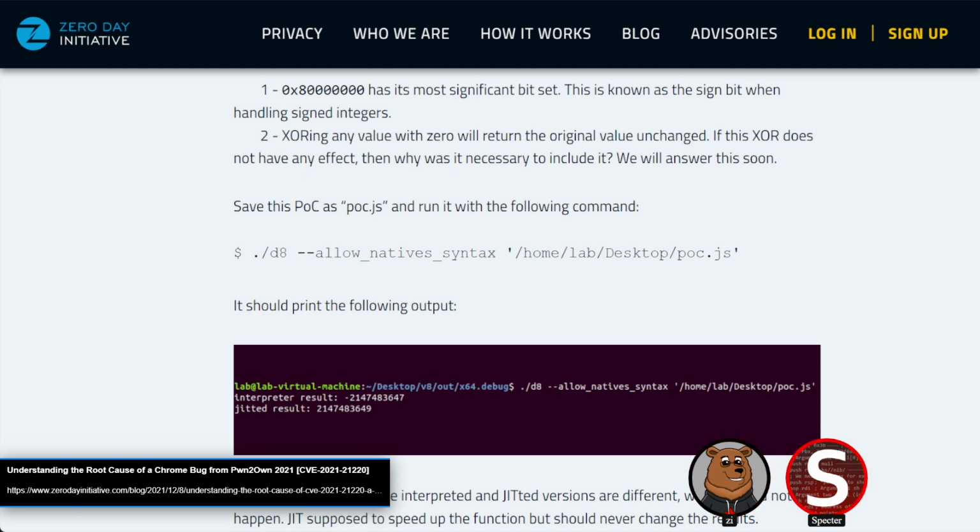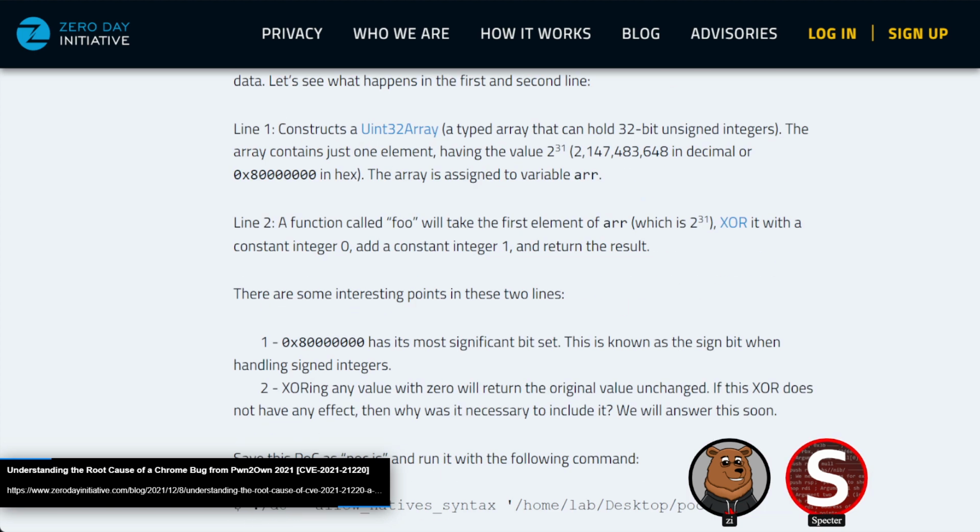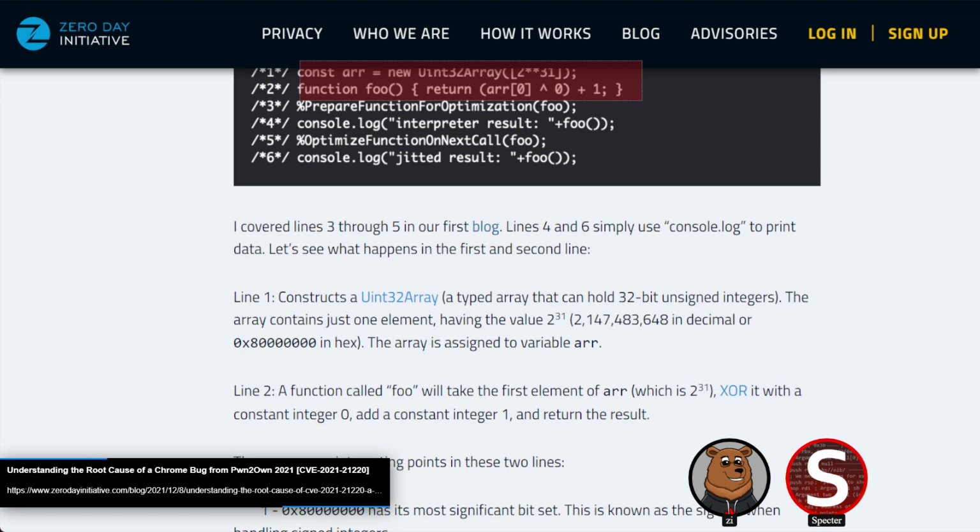Yeah, so that actually tripped me up a little bit when I was reading it, because I was a bit confused on what the actual cause of the bug was, and that was for a few reasons. One, I was kind of thinking that the problem was that it was getting converted from an unsigned to a signed, but it was kind of just the fact that unsigned was going through.